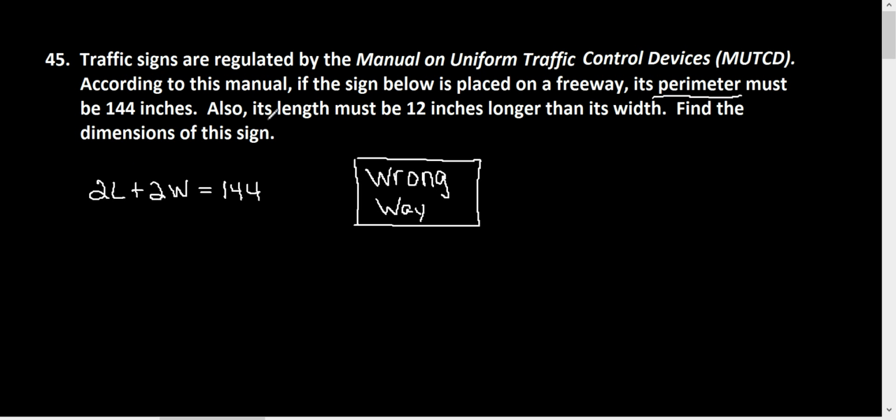This is also its length must be 12 inches longer than its width. Okay, this part here, its length. So that means the length is 12 inches longer than its width. So it would be the width plus 12.